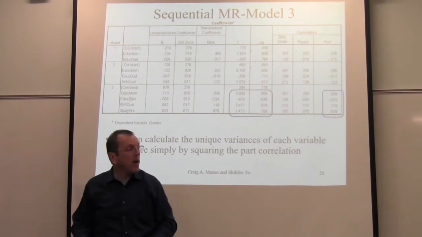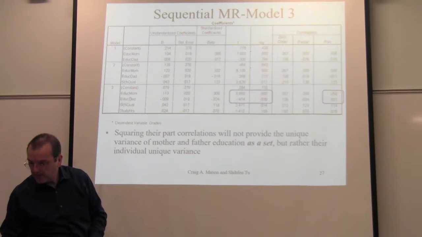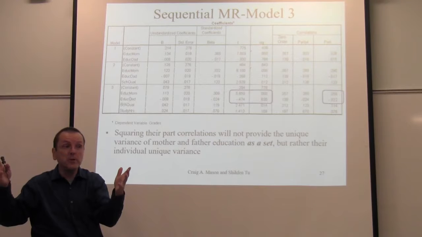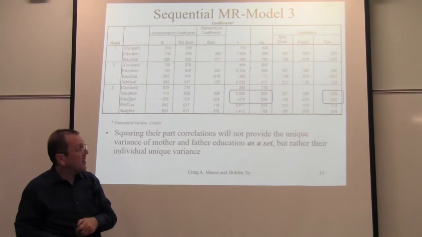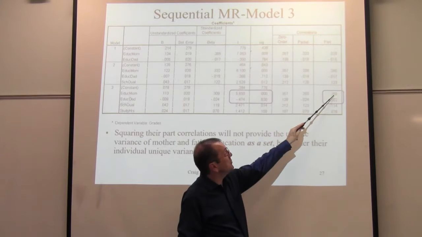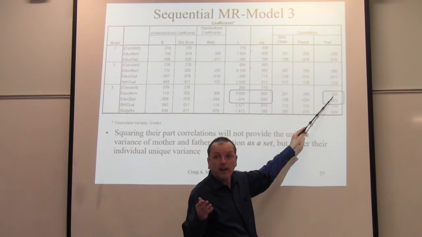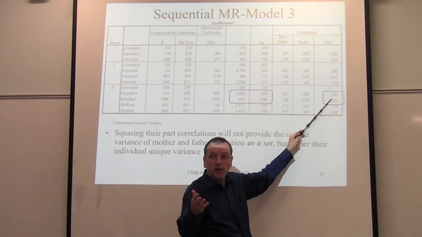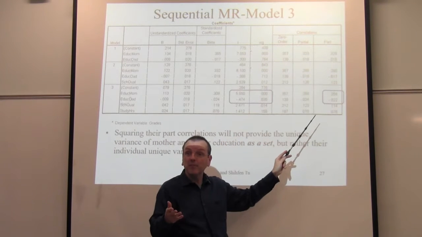So if we square mom's education, well, we saw the total R squared was 0.135 for parent education. Mom's part correlation was 0.258. We square it, 0.258 squared is 0.067.